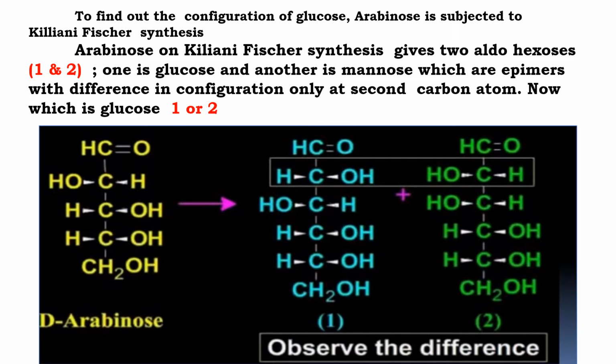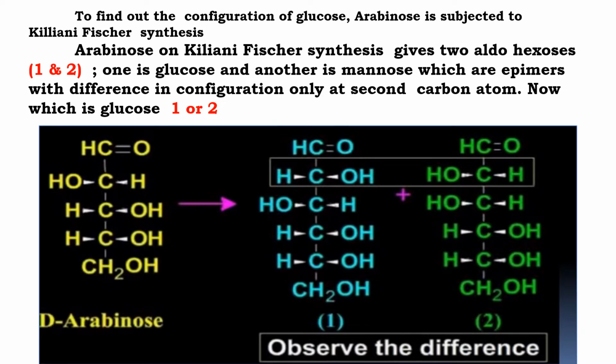To confirm the configuration of the second carbon atom of glucose, we have to subject arabinose to Killiani-Fischer synthesis. Killiani-Fischer synthesis is the process by which a lower aldose is converted to a higher aldose.